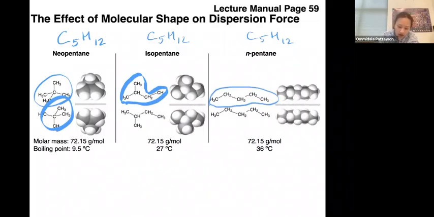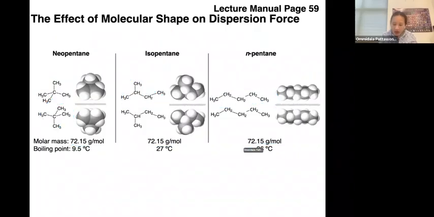If you're looking at molar mass, because they have the same chemical formula, they also have the same molar mass. So in this case, molar mass will not have an effect on dispersion force, because they all have the same value. I cannot use molar mass to determine the strength of dispersion, but you can tell that they have different strengths of dispersion force because they have different boiling points.